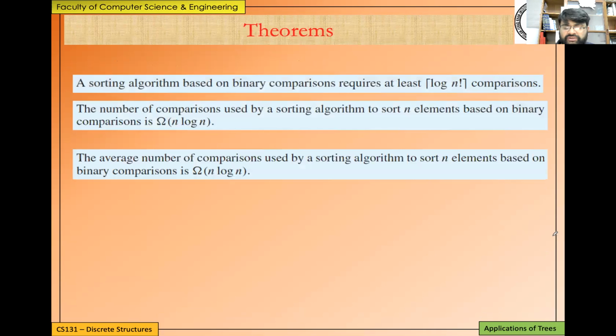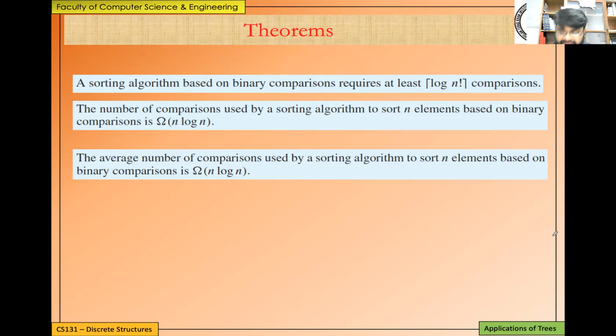There are certain theorems that are very important for searching in a tree. I'm not going to go through them because we have not covered the complexity. A sorting algorithm based on binary comparisons requires at least log to the base 2 of n factorial comparisons.